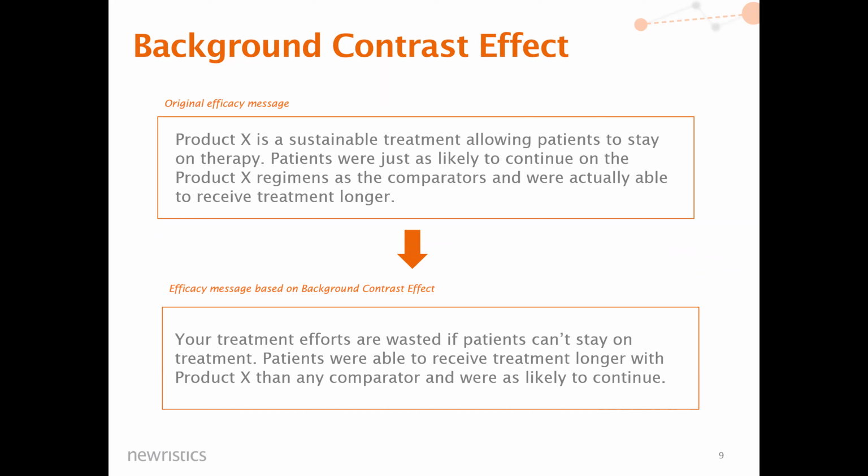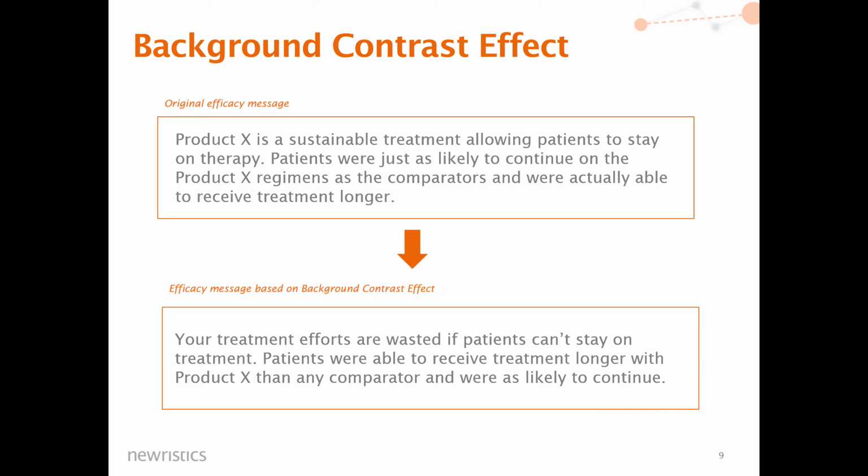So again, by creating a background for what you want to say, which is artificially created or generated, you are now changing the way they're going to respond or assess the core information that you're trying to communicate. The core information is that patients on Product X were able to receive treatment longer.